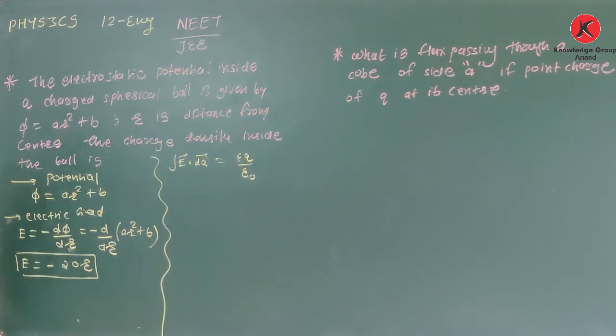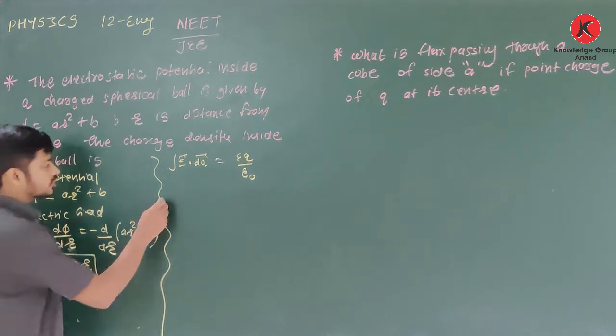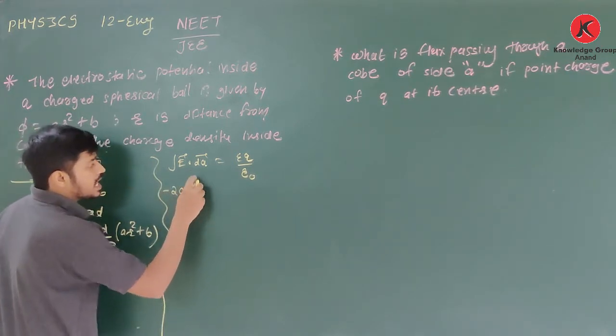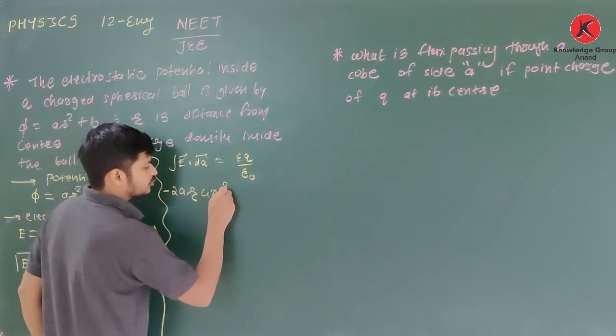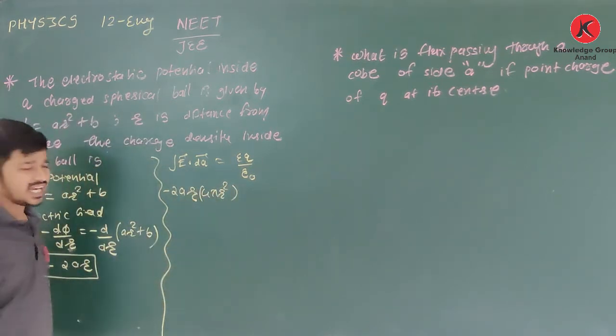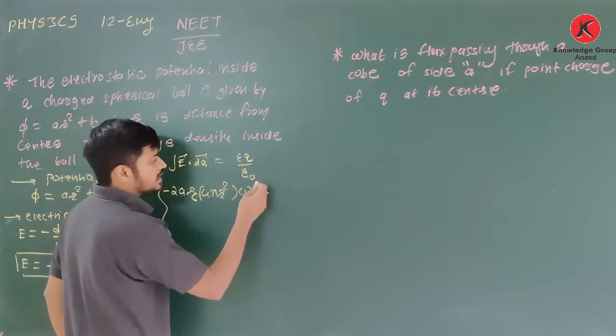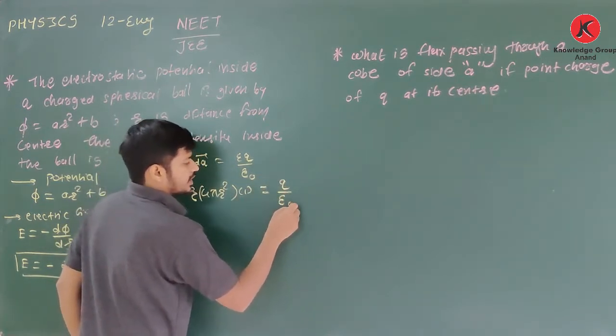Due to the spherical ball, the electric field is in radial direction, and the area vector is also in radial direction, so the angle between them is 0. The electric field is minus 2AR, dA is 4 pi r square, and cos 0 is 1. The charge enclosed by it is Q.